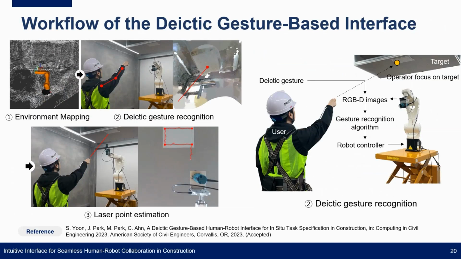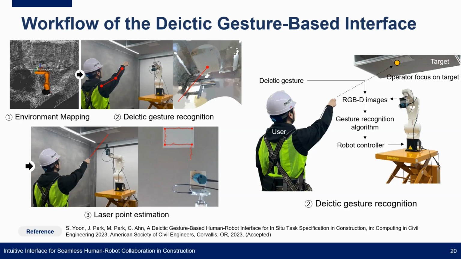This slide shows the workflow of our proposed deictic gesture-based interface. Before receiving the task specification from the human operators, the robots explore their surrounding environment to build the global 3D map. Then the target location is estimated based only on the human operator's deictic gesture.